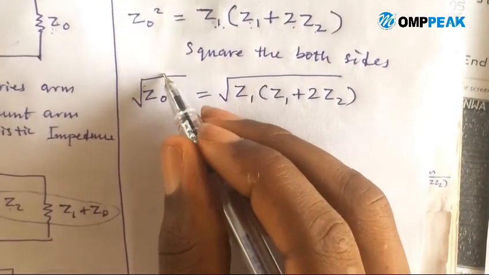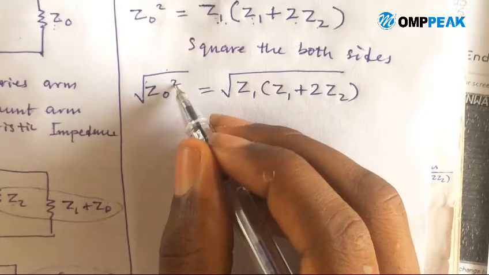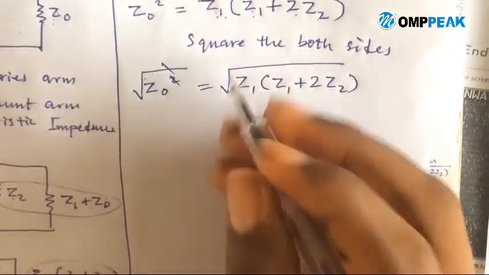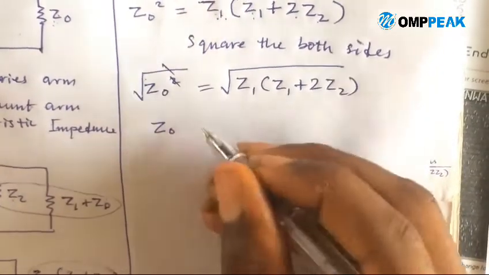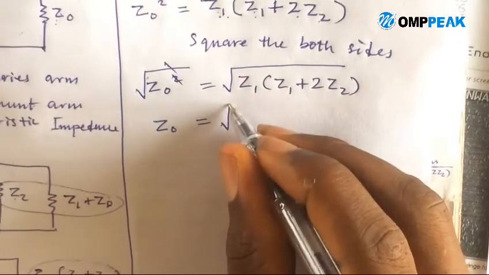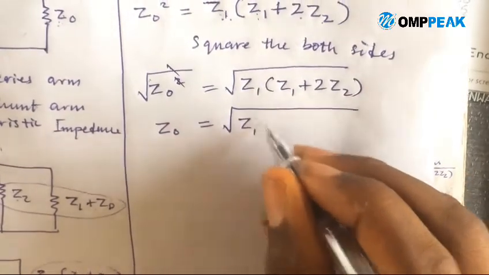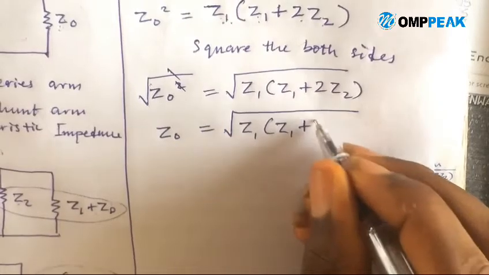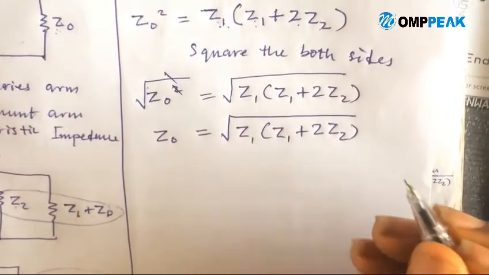The root cancels this, this cancels this. It should now be Z0 equal to root Z1 open bracket Z1 plus 2Z2.